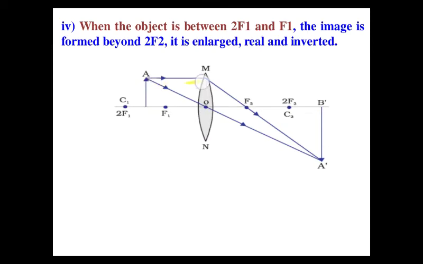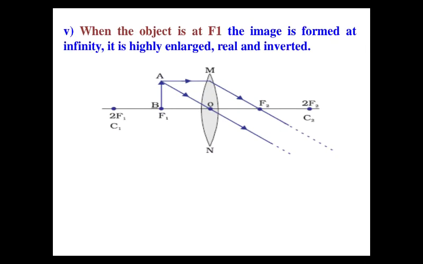In the same way we will show two rays of light, one parallel, which will pass through the focus, another passing through the optical center, and these rays of light will meet at this point and the image is formed at this place. So the position of the image is beyond 2f2, the size is enlarged, we can say its size is large, and third, the nature is real and inverted.